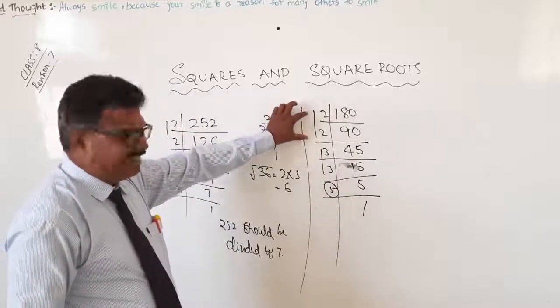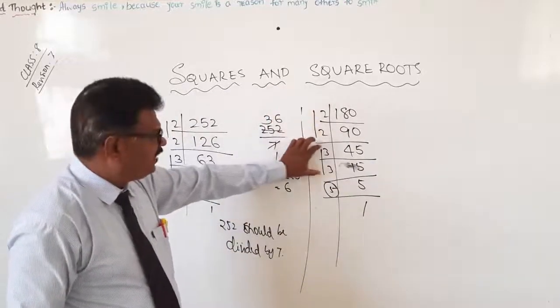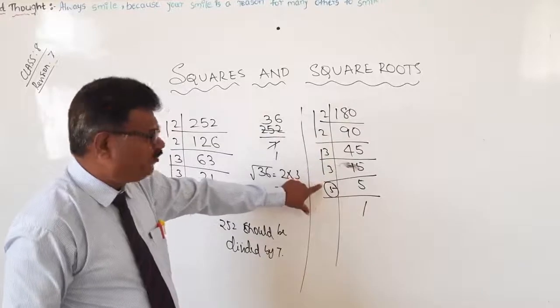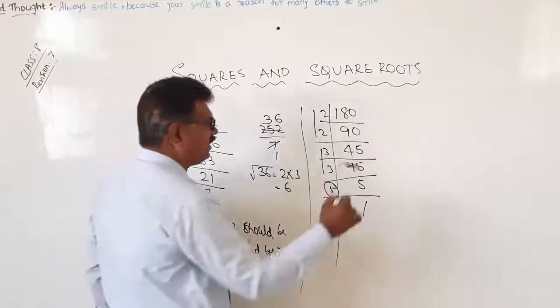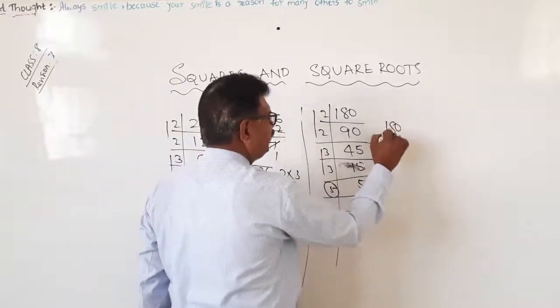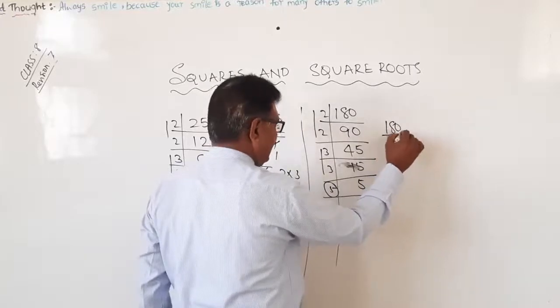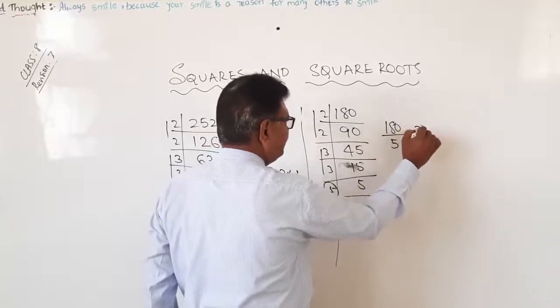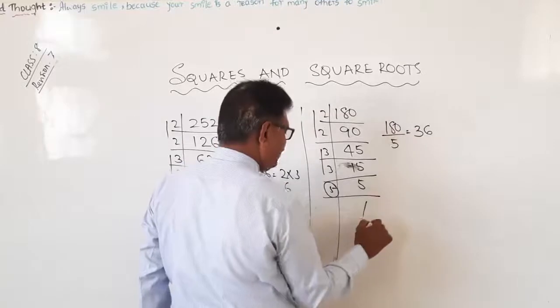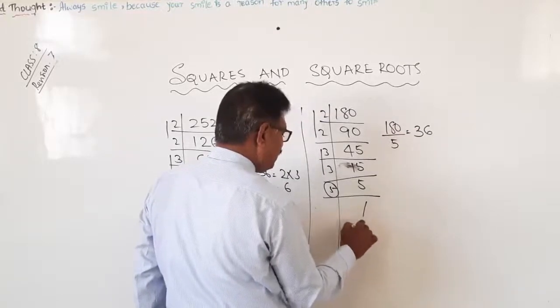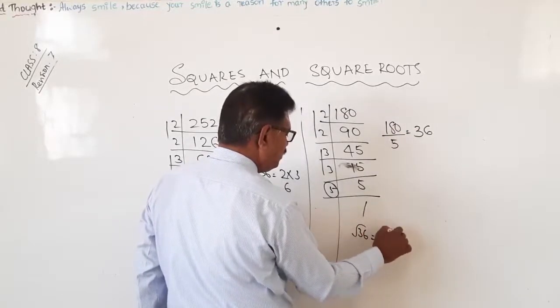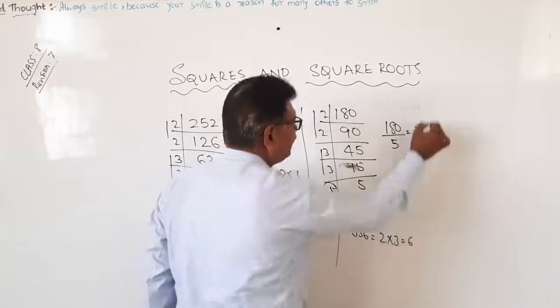For 2 pair is there. For 3 pair is there. But for 5 pair is not there. That means 180 should be divided by 5. Therefore 5 threes are 15, 36 remains the same. Therefore square root of 36 is equal to 2 into 3. It is nothing but 6.